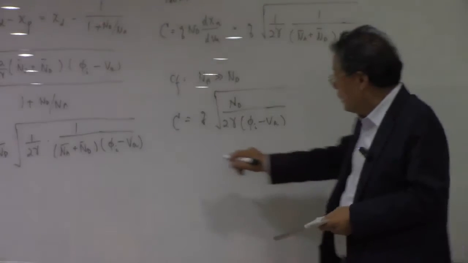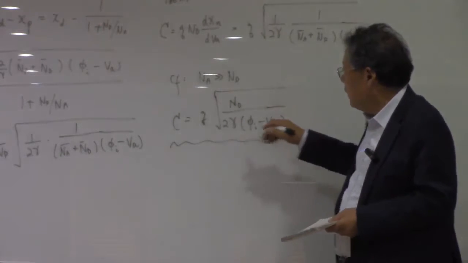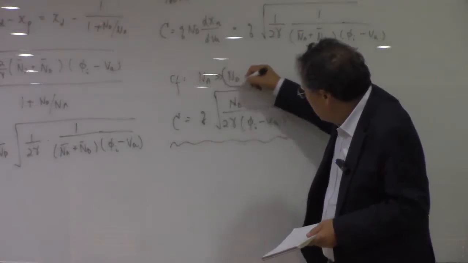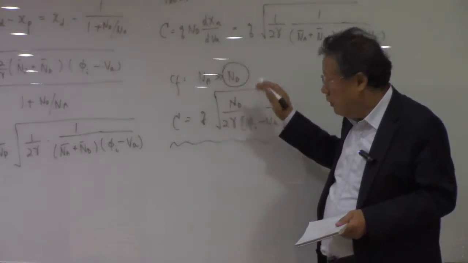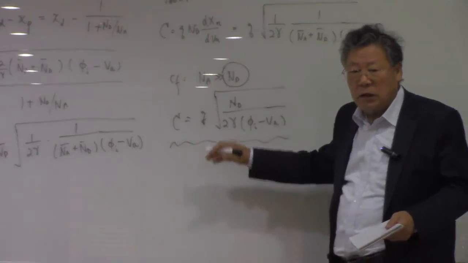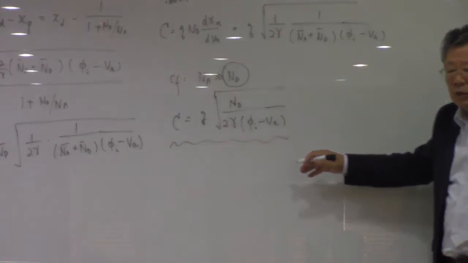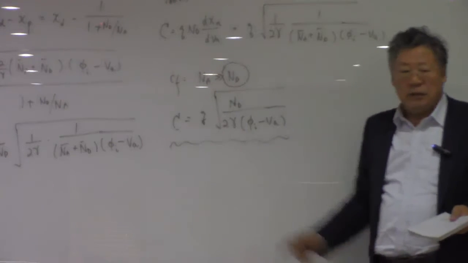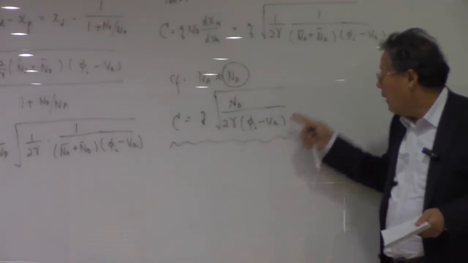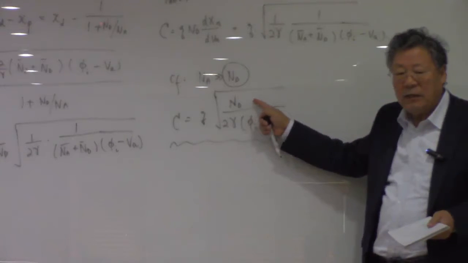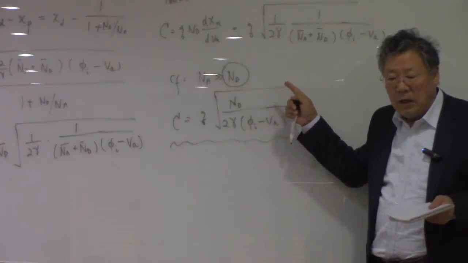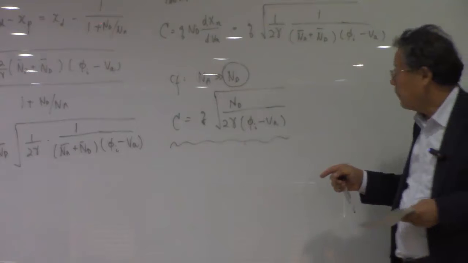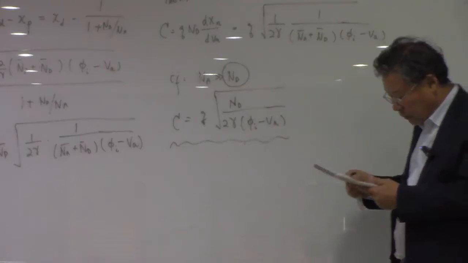Okay, what does this mean? It means that the lightly doped region controls the electrical properties of the junction, like the capacitance. Capacitance depends on the lightly doped dopant density, right? Instead of the heavily doped region.